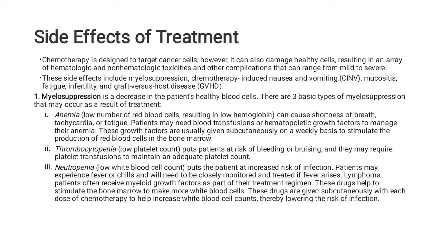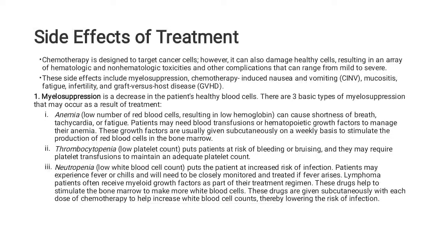Patient may need blood transfusion or hematopoietic growth factor to manage this anemia. Example of those hematopoietic growth factors is epoetin. These growth factors are usually given subcutaneously on a weekly basis to stimulate the production of the RBCs in the bone marrow. That is anemia of the myelosuppression.